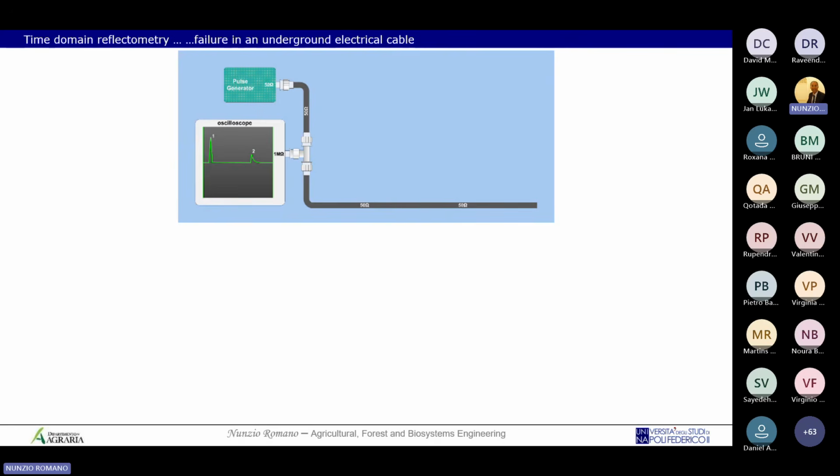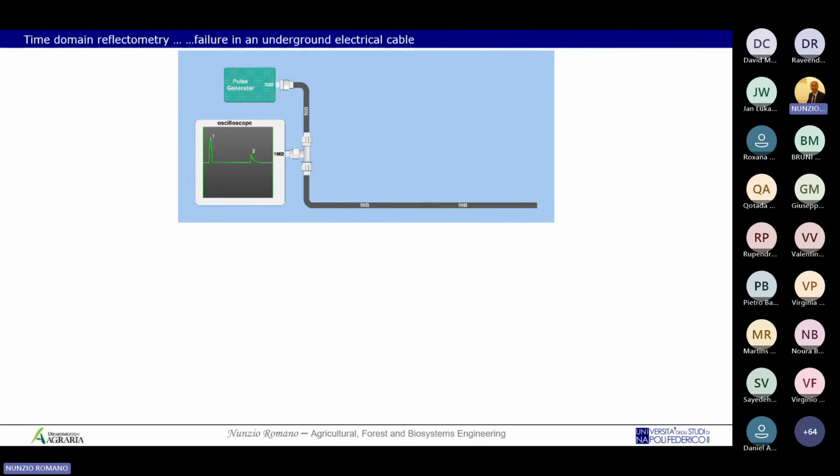But if you have a mouse that has made a failure in the electrical cable, it is very difficult to understand where the failure is located. So, what to do?